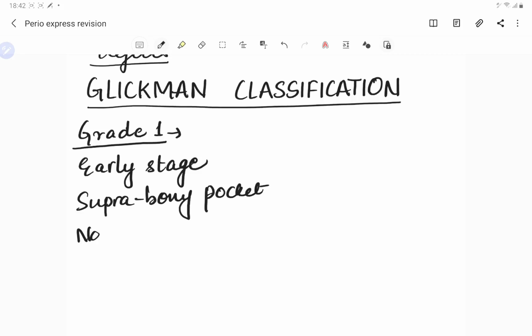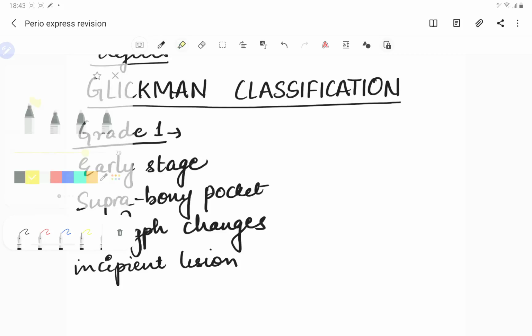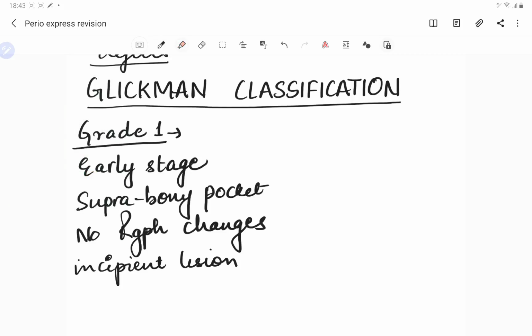So there are no radiographic changes that we observe. The important point to remember is that this is an incipient lesion. Incipient means early lesion, early stage. Guys, all these points are very important. You have to remember all of them.